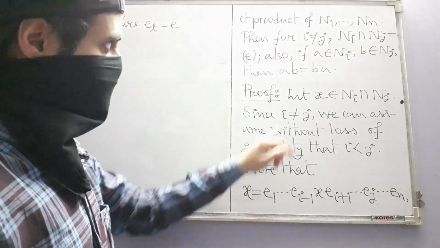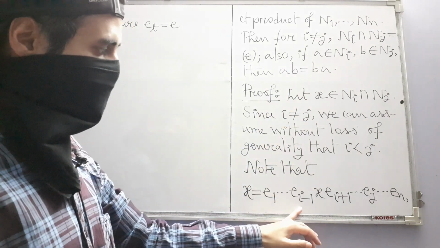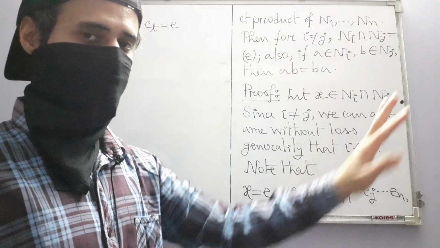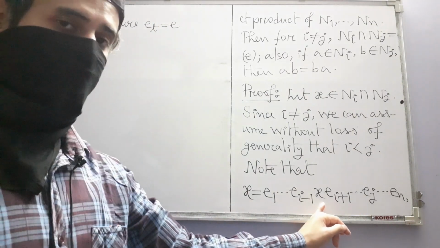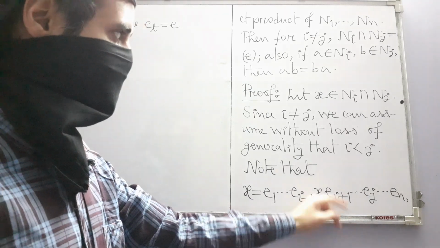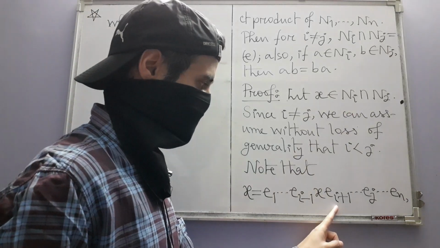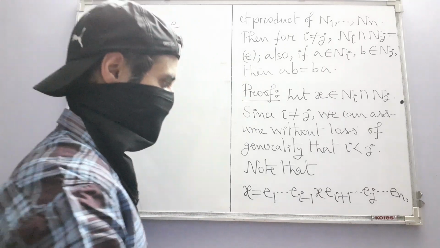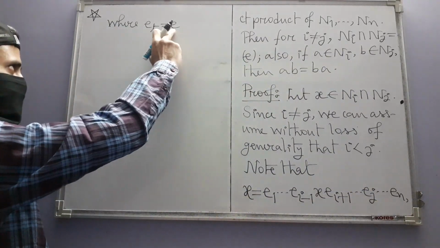So this e1 is interpreted as coming from N1, e2 is coming from N2, and so on. e_{i-1} is coming from N_{i-1}. What about this x? You can think of x as coming from Ni. That's because x actually is in Ni. And then the next element we have chosen as the identity, and so on. It goes like that. So all of these e's are actually nothing but e.